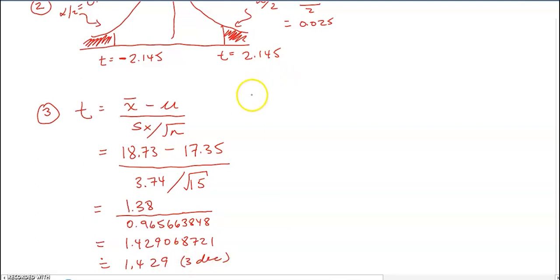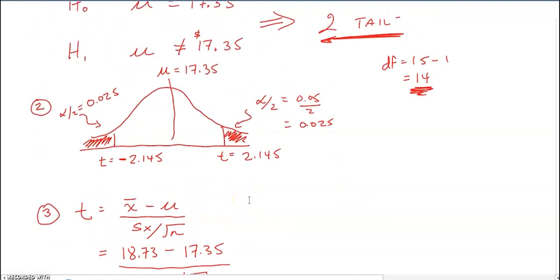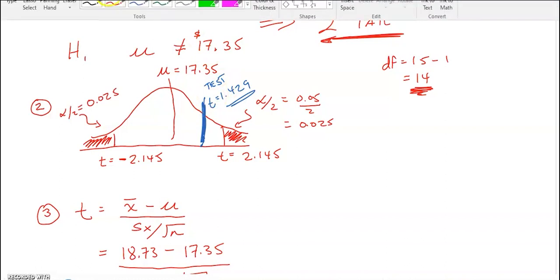Okay, so based on this information, let's go plot that on our curve, and it's going to look something like this. It's 1.429. It's positive as well, so we know it's going to be somewhere along here. Once again, that's our test. Okay, and now we can make our decision.